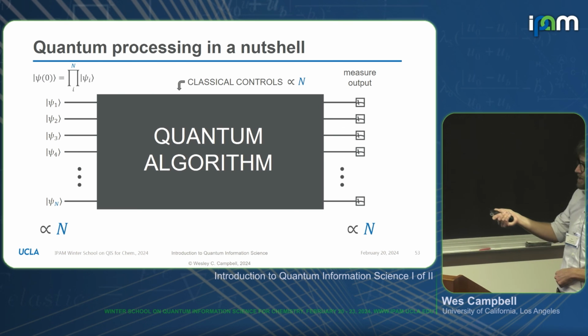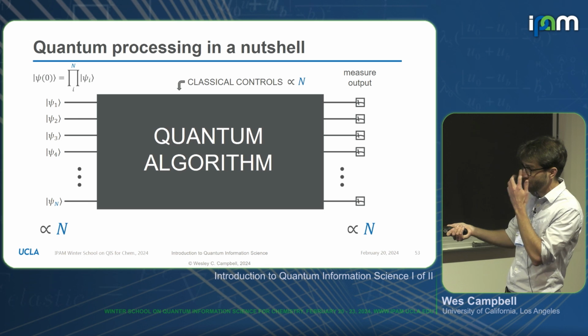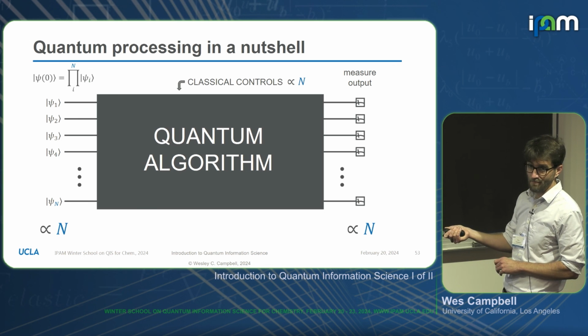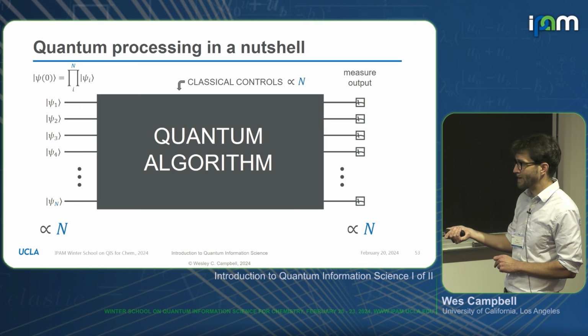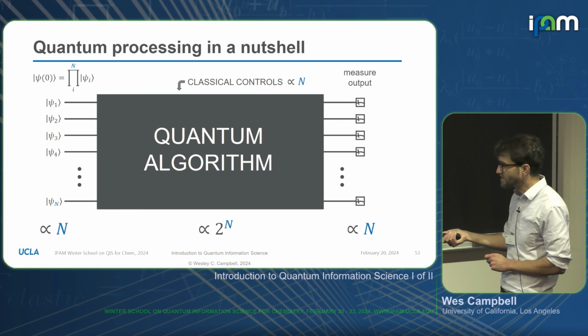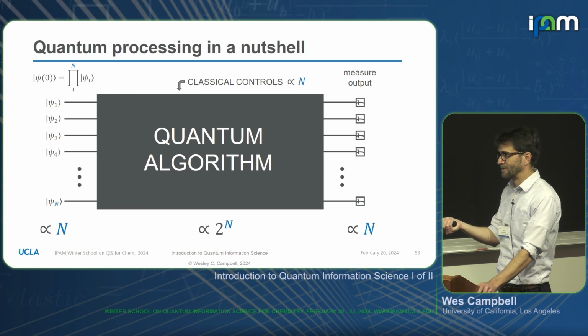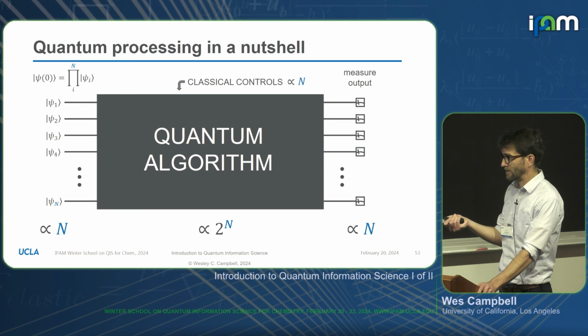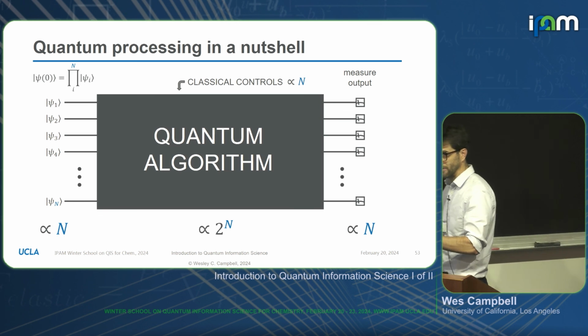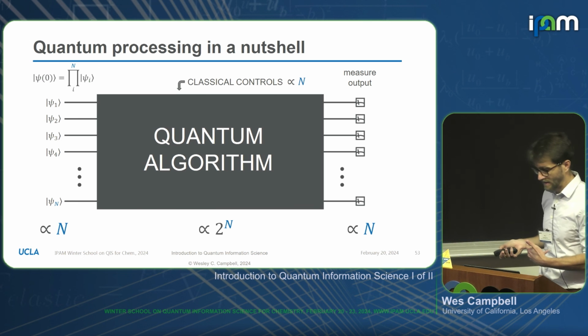At the end, I'm going to measure the state of those same qubits, or maybe even just a subset of them. Again, it's linear in the number of qubits. It's 200 measurements. I can do that. Somehow, during the algorithm, this thing is using this much memory, okay? It has access to an exponentially large space in which to do all of its quantum-y stuff, all right? And that's how we end up getting there.